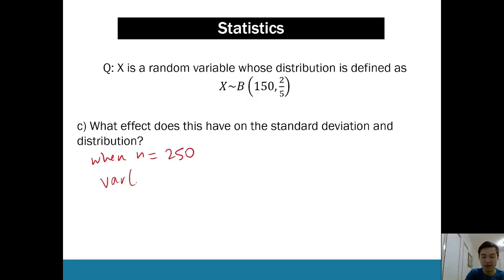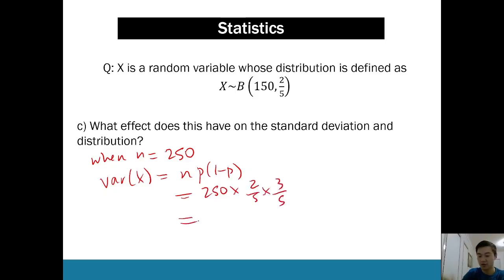Well, the variance will be equal to n times p times 1 minus p, which is 250 times 2 over 5 times 3 over 5, which will give us 60.